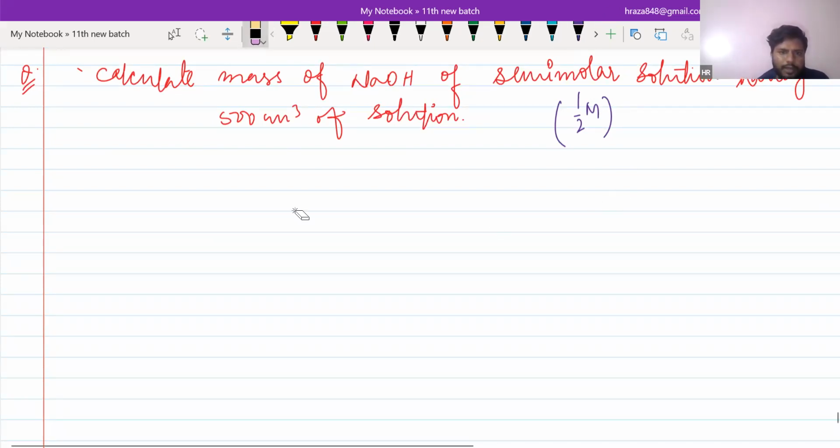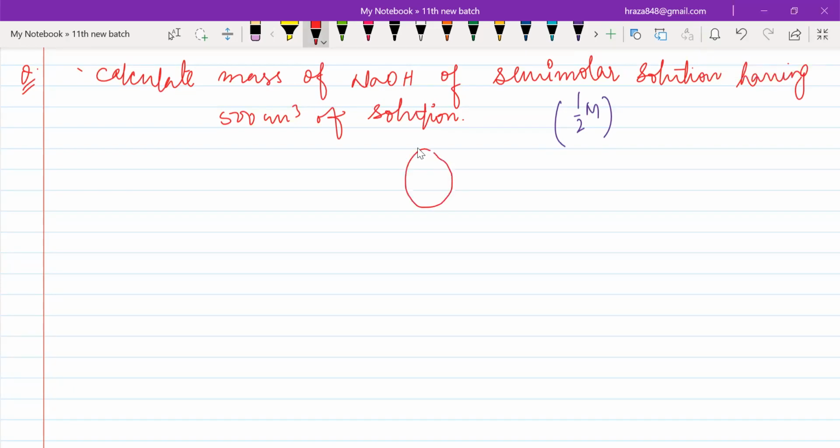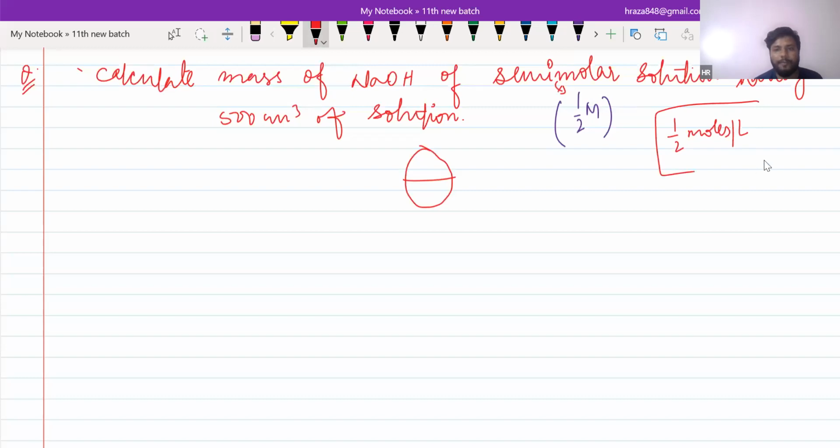Semicircle means you have a full circle which you have divided into two parts, half circle. So semimolar means half molar. This indirectly gives the value of molarity: half molarity, that means half moles per liter. Are you getting it?